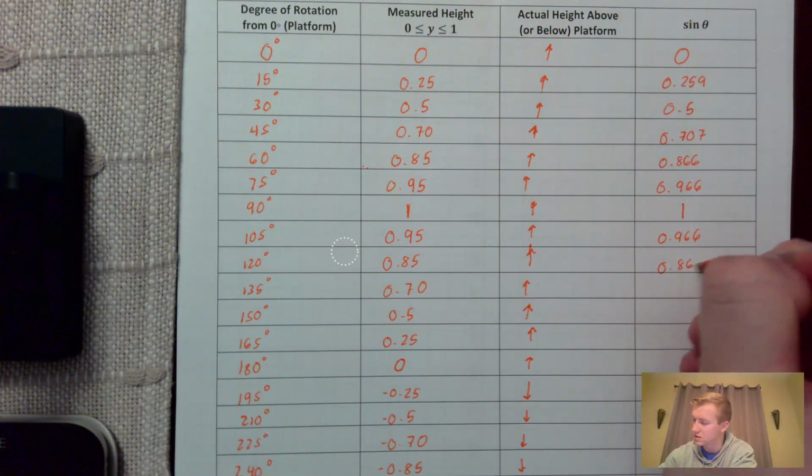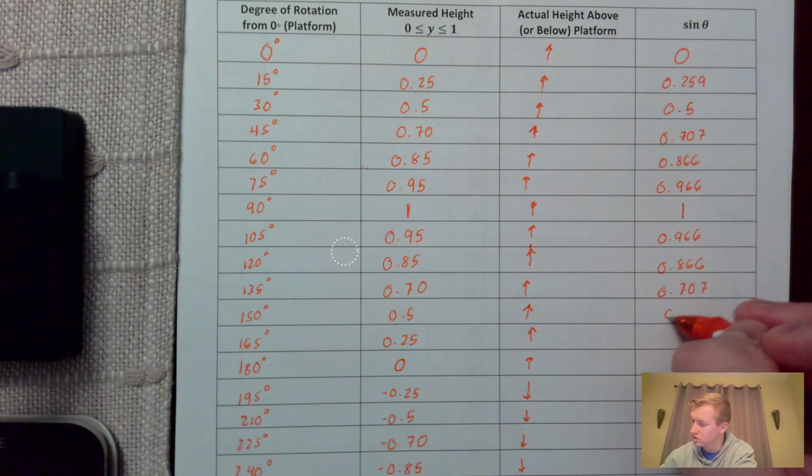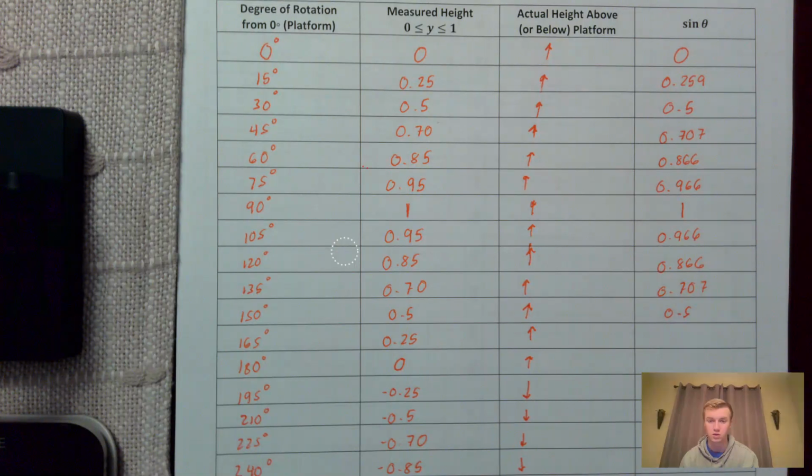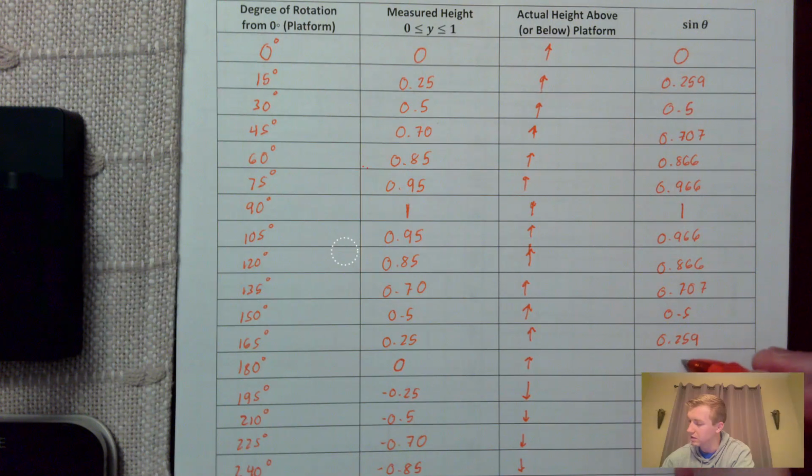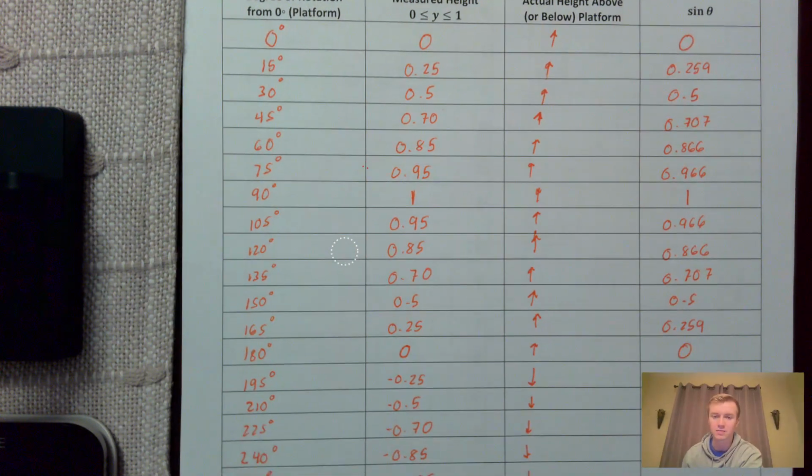So 0.866, 0.707, the value of 0.5, and then we're going to get the value of about 0.259 again. And then we get the value of 0 because we come back around to 180.